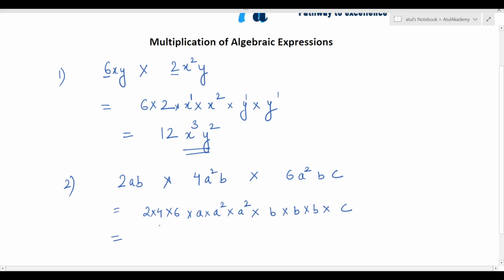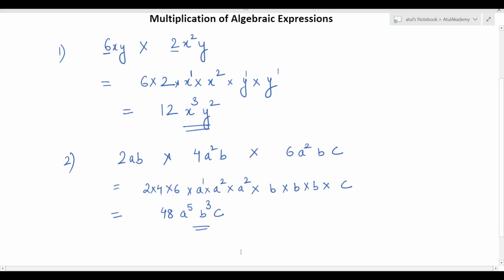So what will be my answer? You can directly write your answer. It's 2 into 4, 8, 8 into 6, 48. A will be a raised to the power 5. B will be b raised to the power 3, and c is as it is. So that's the answer. I hope this is clear.